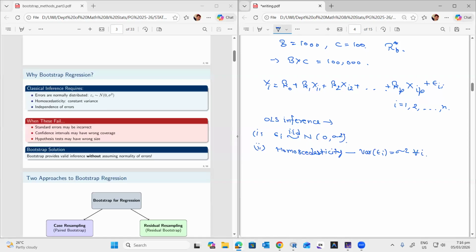Third is independence, meaning the errors are independent, that means no serial correlation and no clustering.